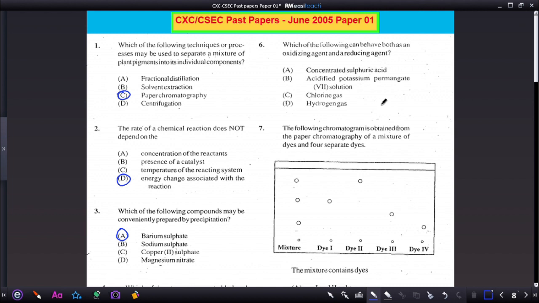A reducing agent causes other species to undergo reduction while itself is being oxidized. Okay, look at the structure of sulfuric acid. The formula for sulfuric acid is H2SO4.